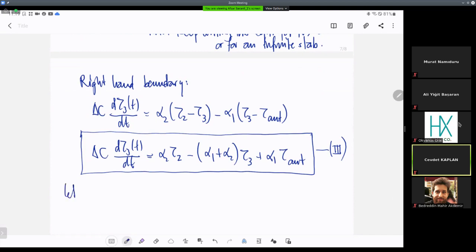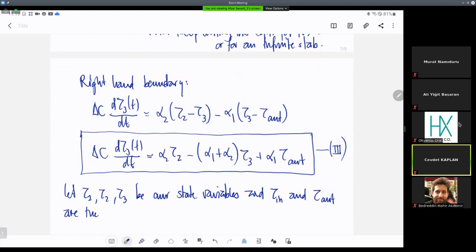Let tau 1, tau 2, tau 3 be our state variables, and tau in and tau out in this case are the inputs to the system.